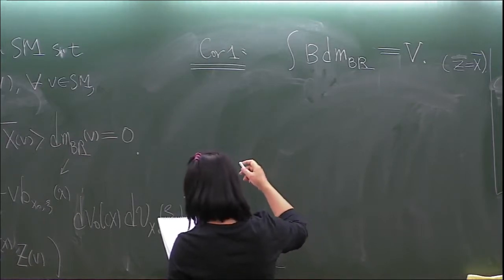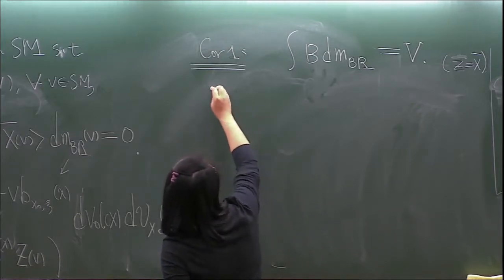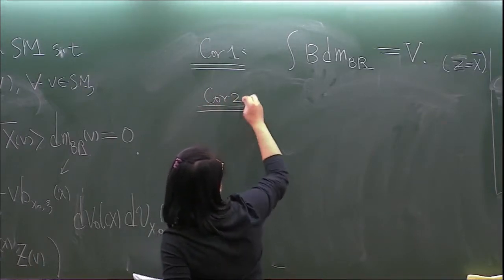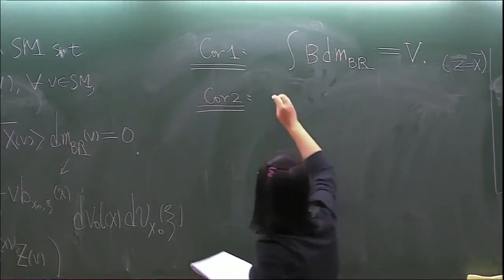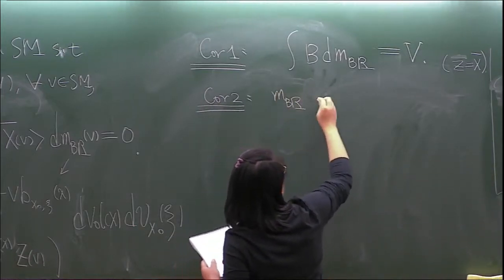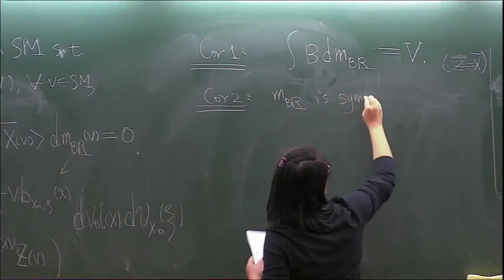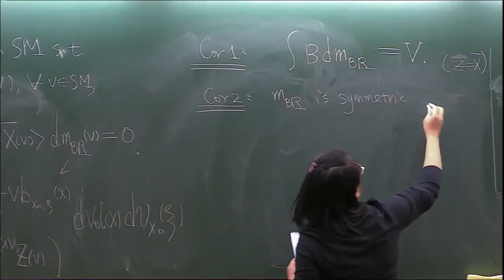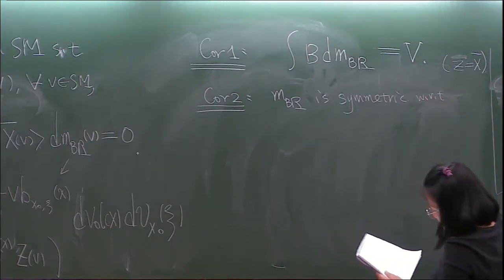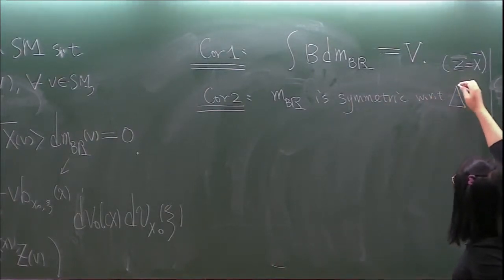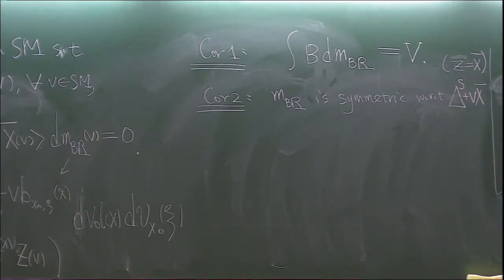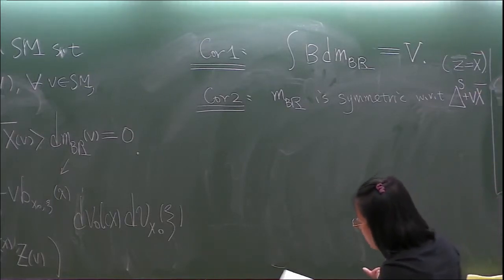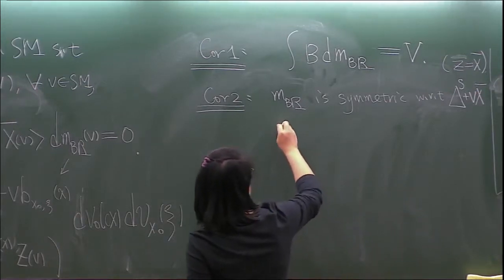Okay, how about the second one? I want to say the second one is that this measure, MBR, actually is symmetric with respect to an operator, which is what? Is Laplacian S plus v times X bar. Laplacian S is the Laplacian along the stable leaf. Why it's symmetric? Symmetric means this.